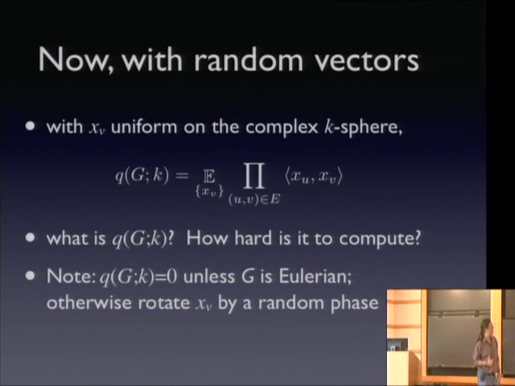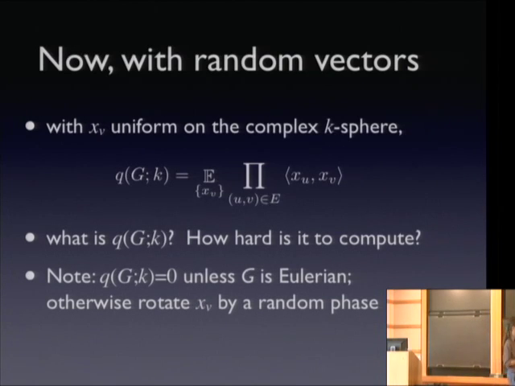Now suppose that I take the average of this product of inner products over all the values that these vectors can take. So I'll let them be independent, and I could choose them from a number of distributions. One might be the Gaussian distribution, where their entries are independent and Gaussian distributed, or if you wish, I'll choose them uniformly from the unit sphere in k dimensions.